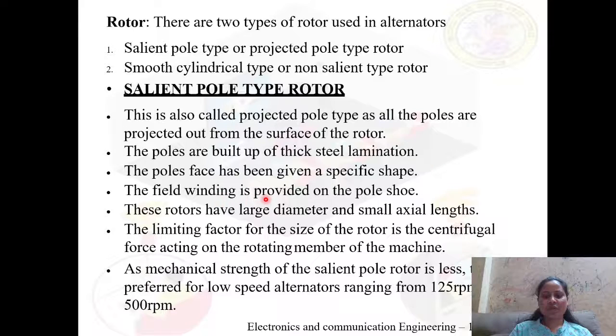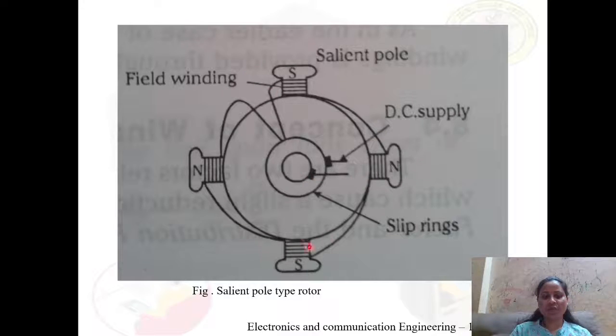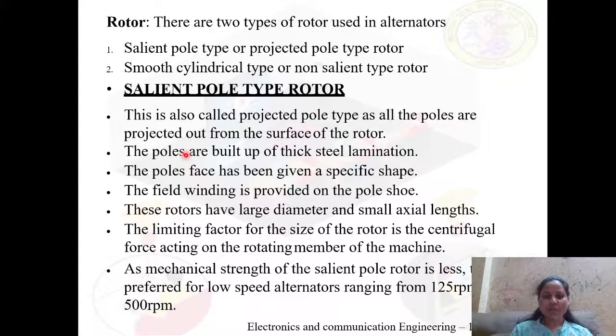We can observe that the poles have been given a specific shape here. This is to have a large diameter with a small axial length. This type of rotor is mechanically very weak, and generally it is preferred for low speed alternators, generally 125 rpm to 500 rpm.